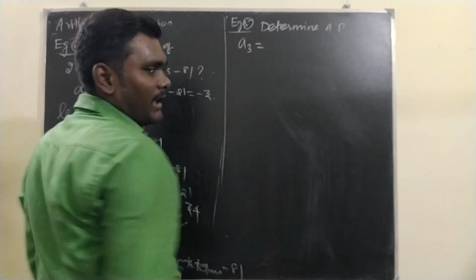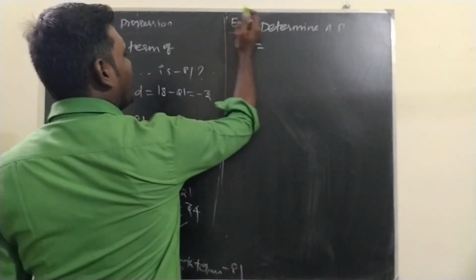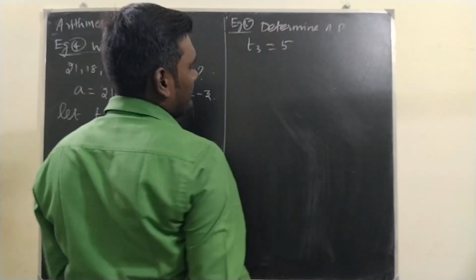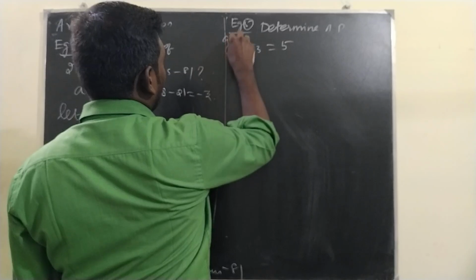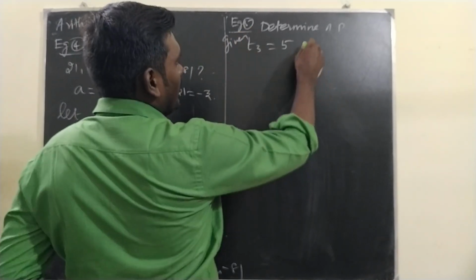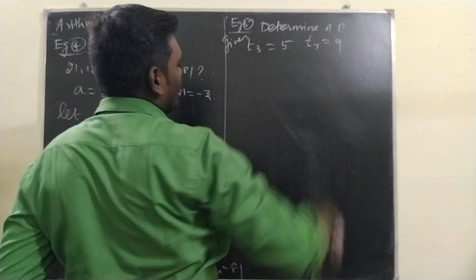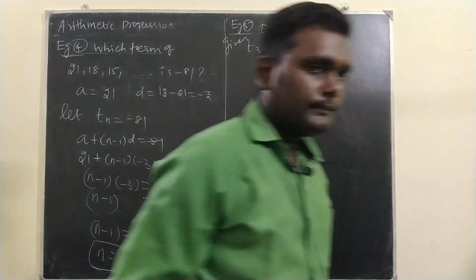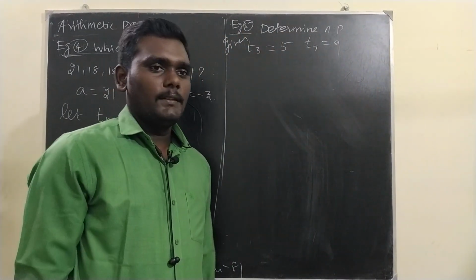Whose third term, A3 I am writing, A3 yeah, term not T3, is 5, and the seventh term is 9. Am I right? Yes. Now how do we solve this?